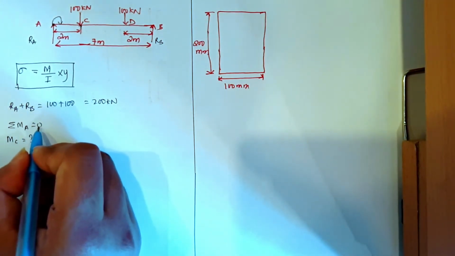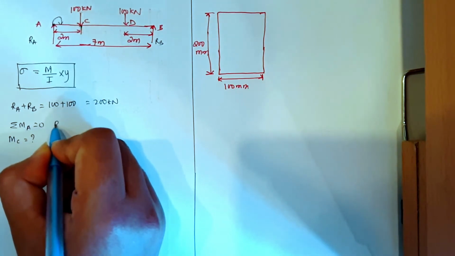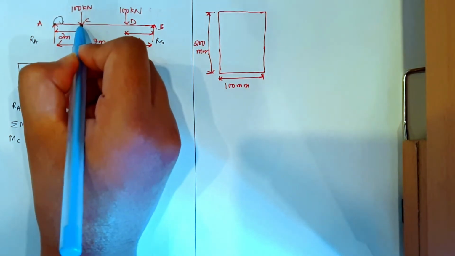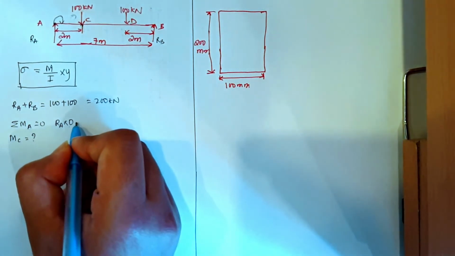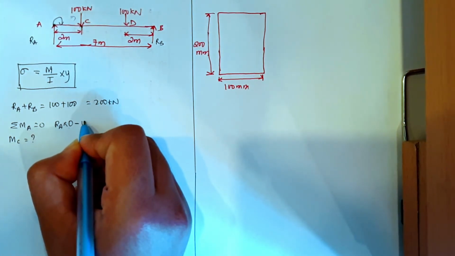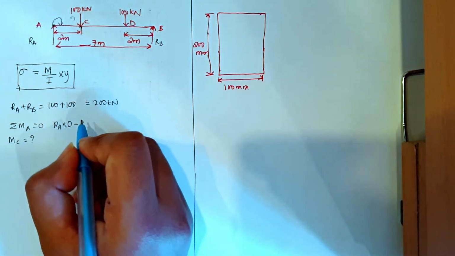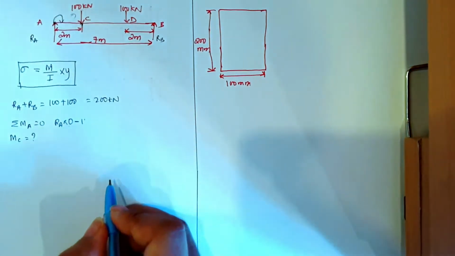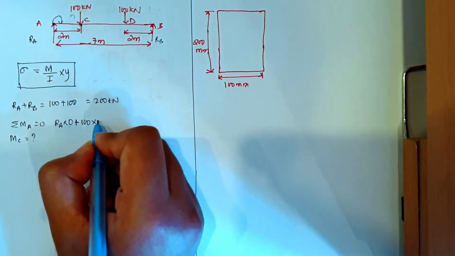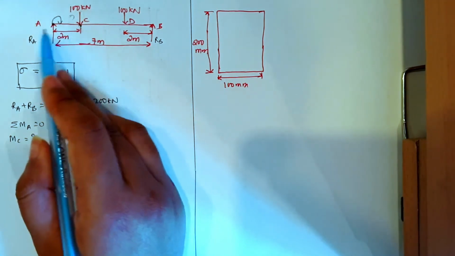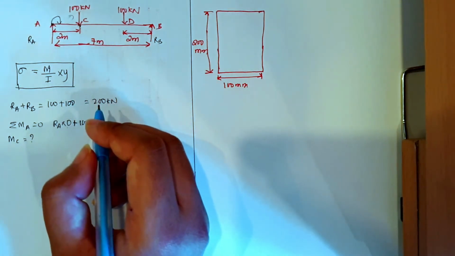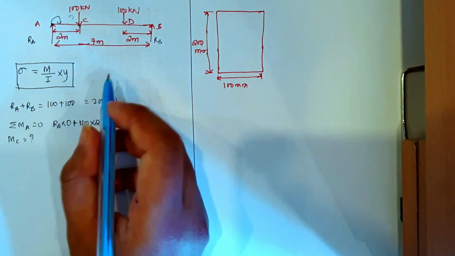So if I keep this moment at A equals to 0, from here I'll get RA into distance, starting distance is 0, then ye jo hai ye C ka, it will go in anti-clockwise direction, so minus, it will go in clockwise direction, so plus 100 into the distance from C to A is 2, right? Next ye D point ka bhi ye clockwise direction pe jayenge, right?